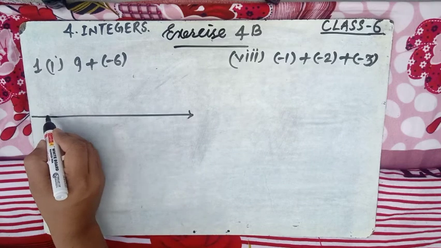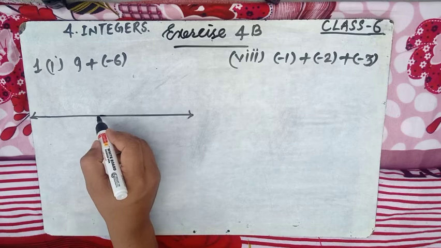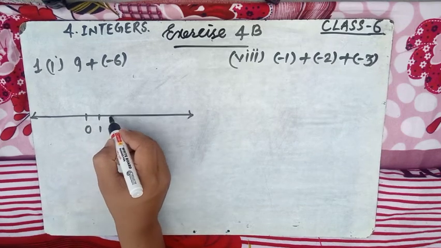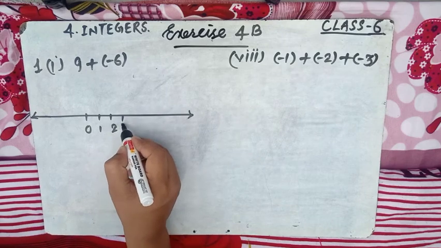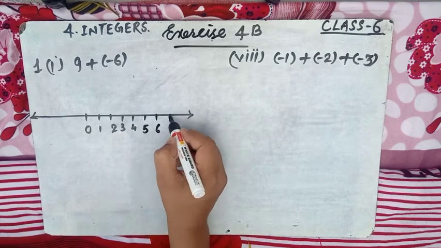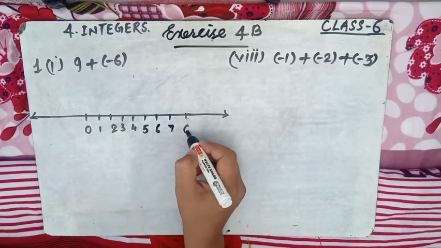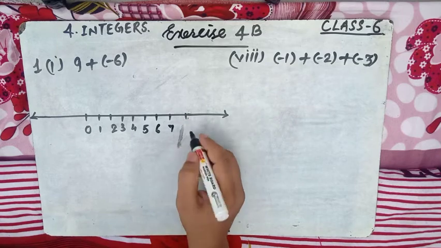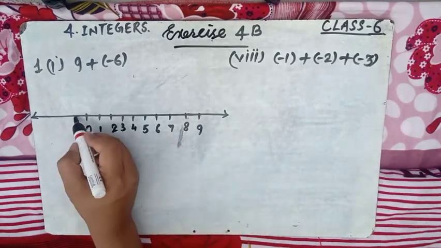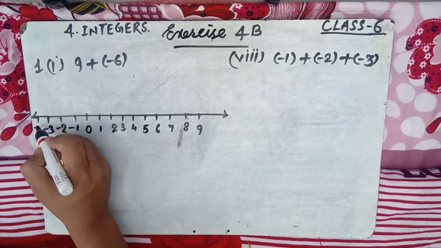Here is 0, then 1, 2, 3, 4, 5, 6, 7, 8, 9. On the other side are minus 1, minus 2, minus 3 and minus 4.